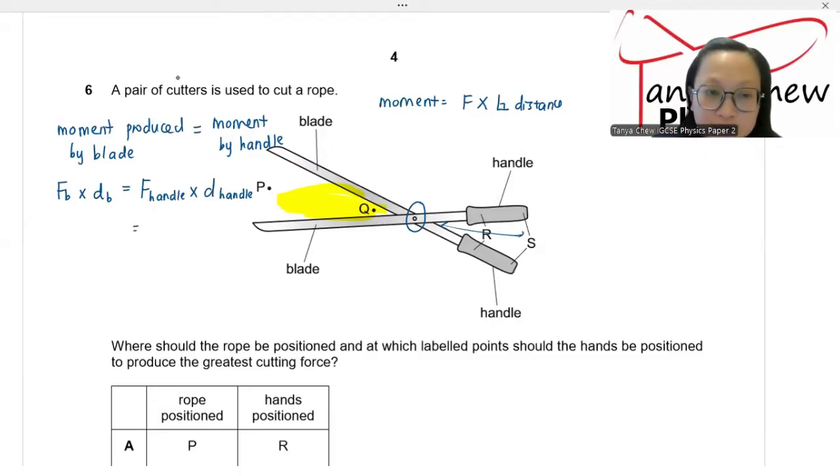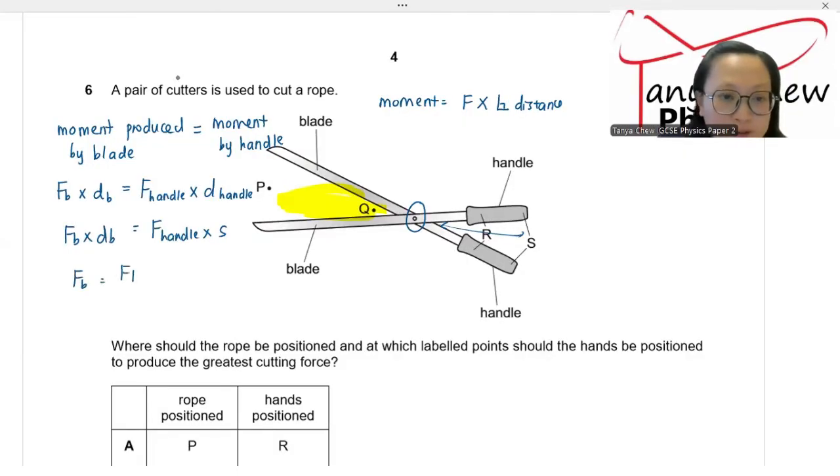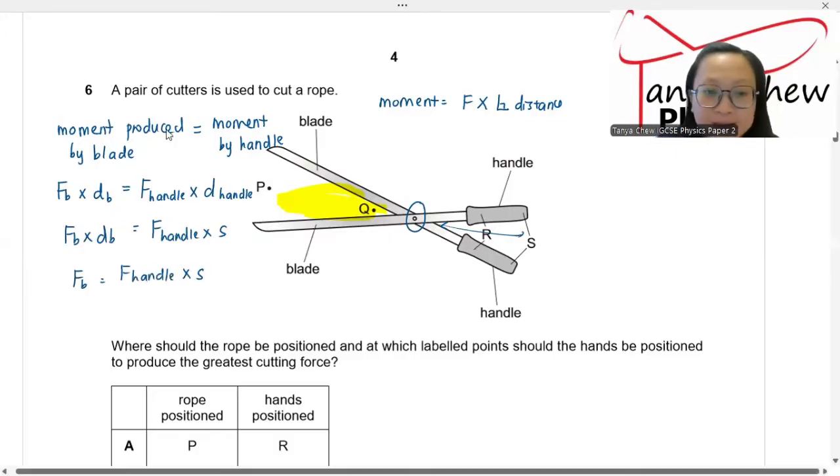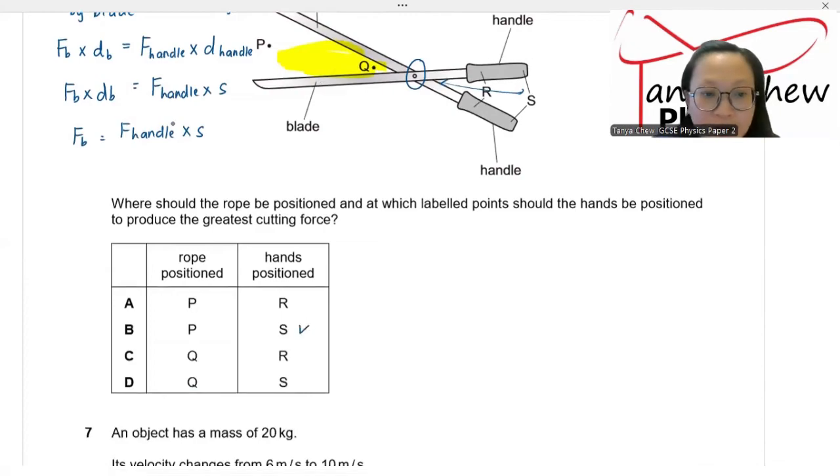So we take the largest force at the handle, times the largest distance s, so that the moment produced will be larger. And then the force by the blade and distance of the blade. So what about the force on the blade? Force at the handle times s, which is the distance, hence the position must be at s, either b or d, divided by the distance between the blade and pivot.